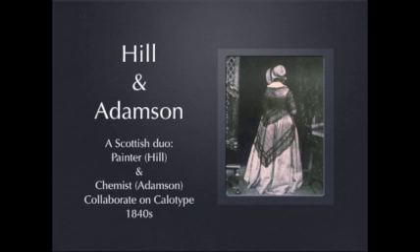The calotype was used quite a lot. There was really nothing wrong with it other than the fact that people were fascinated by the detail of the daguerreotype. So what we have are Hill and Adamson, David Octavius Hill and Robert Adamson.